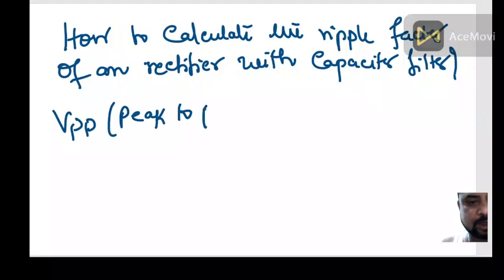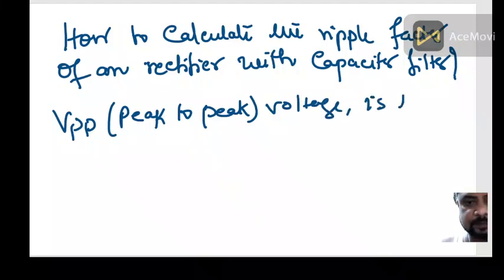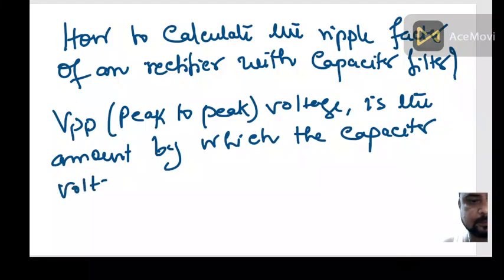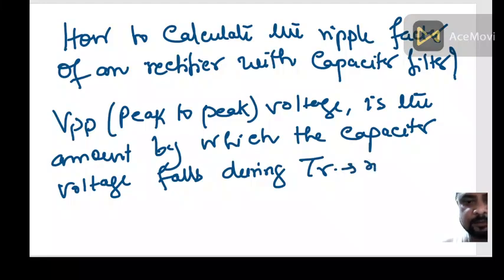What we consider is VPP, peak to peak voltage. Voltage is the amount by which the capacitor voltage falls during TR.